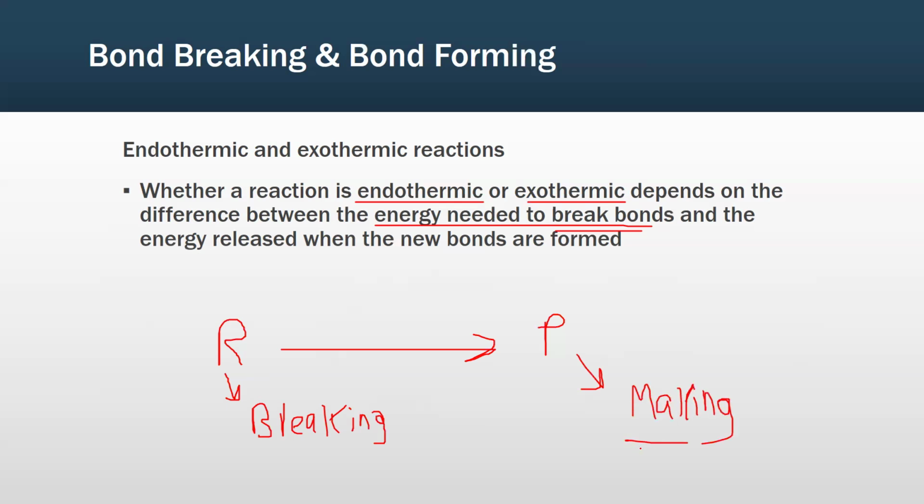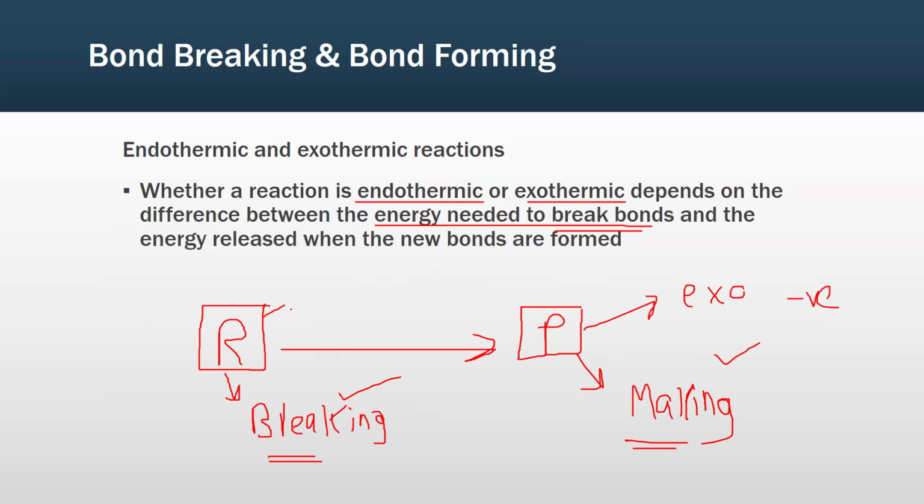Every reaction, whatever reaction it is, there is breaking of reactants and making of products. So remember that in the reactants bond breaking takes place and in the products bond making takes place. Bond making is always exothermic and bond breaking is always endothermic. Got it?